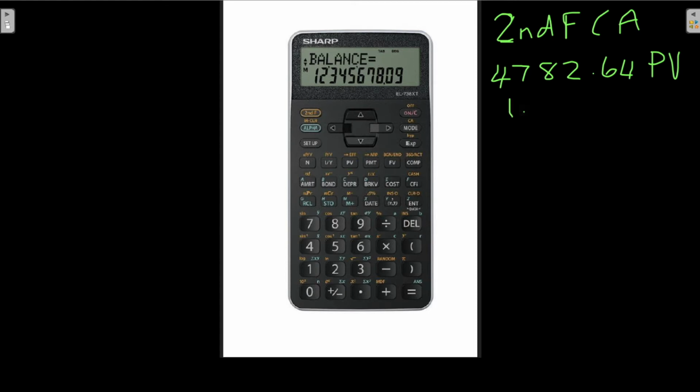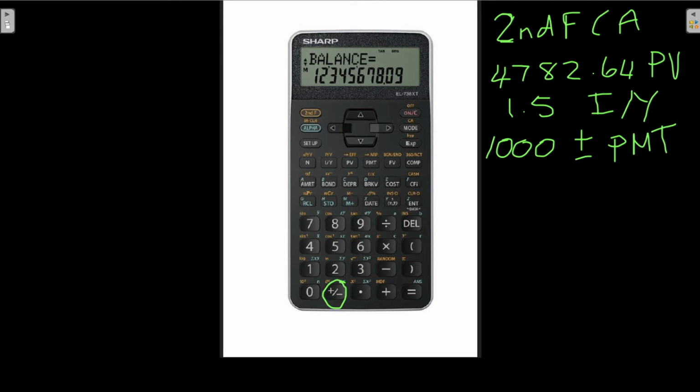Then 1.5 for your effective interest rate. This 1.5, remember, is a percentage, and you get it by taking 18 divided by 12. 18 was your annual interest rate, compounded monthly. And then your payment is 1,000, but you have to make that payment negative with the plus minus button, because the present value is positive, therefore your payment must be negative.